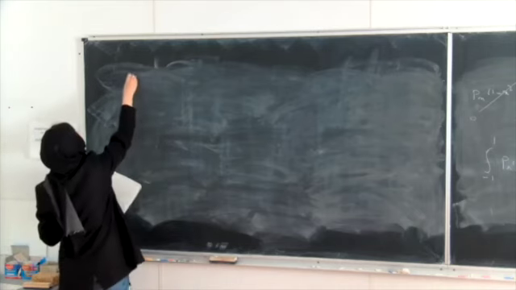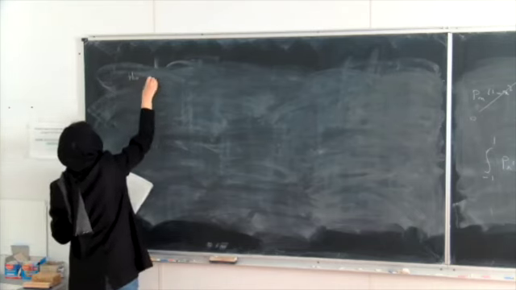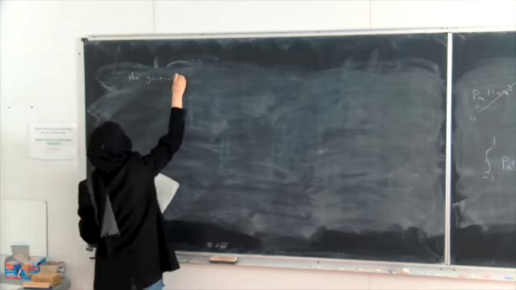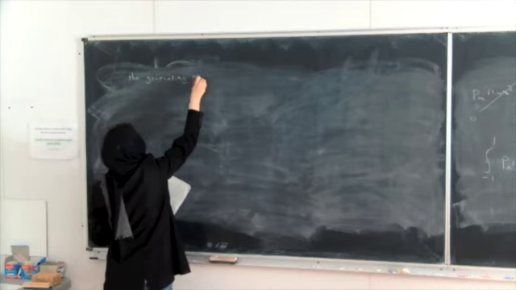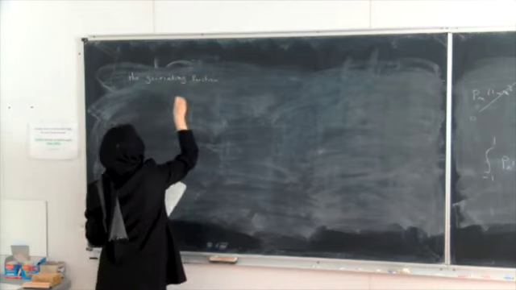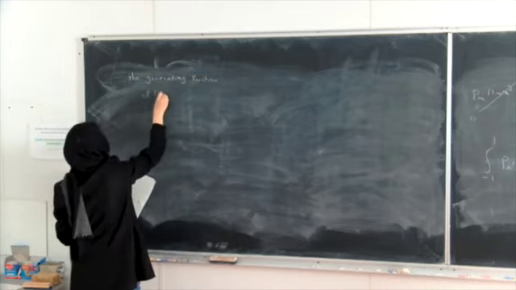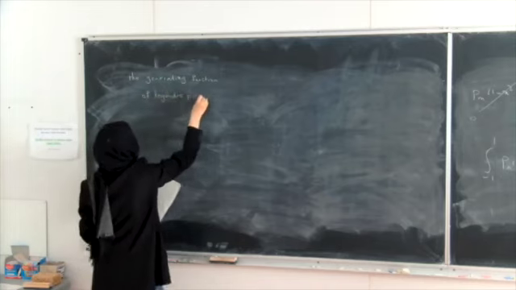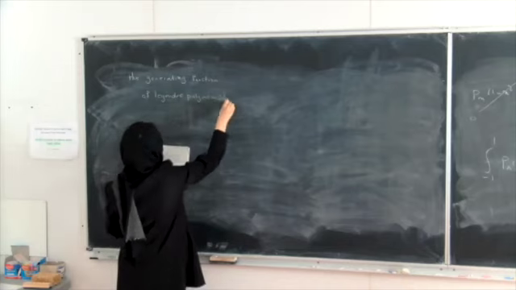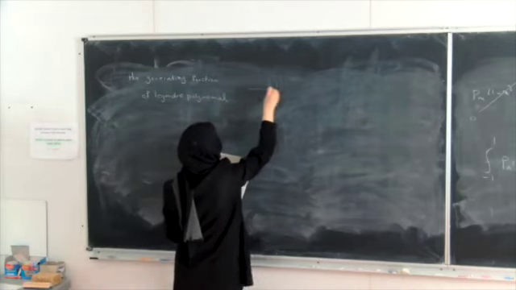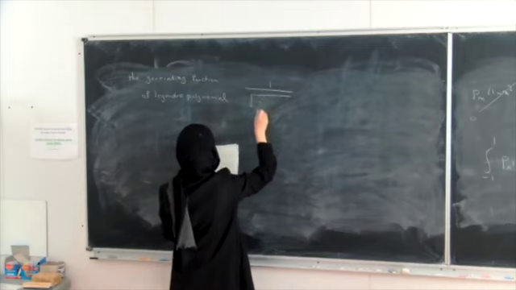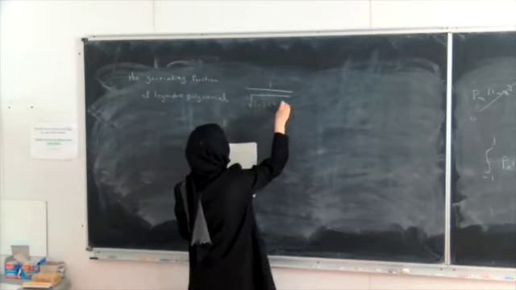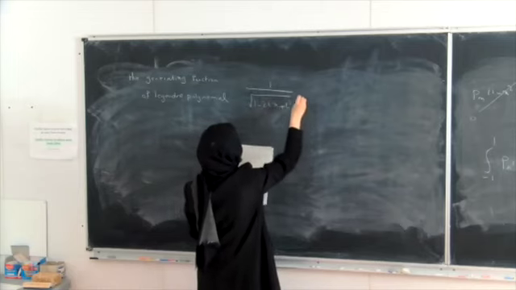The generating function of Legendre polynomial is this function, 1 divided by the square root of 1 minus 2xt plus t2.